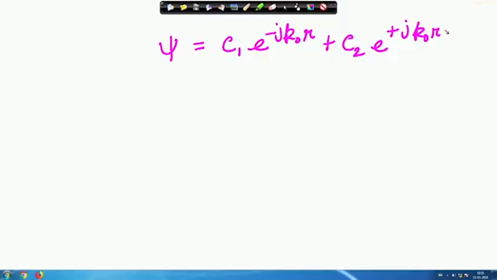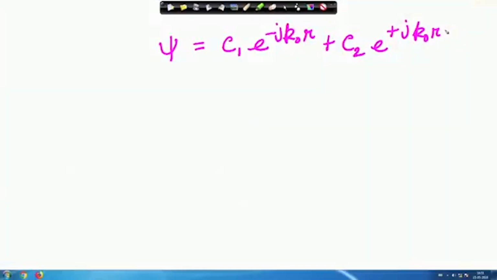C1 and C2 are unknown, values to be determined. This is mathematics, but physics says that out of these one solution is not acceptable. Why? Because it is a radiation taking place. Radiation means transport of energy. So, at an infinite distance from the source, the value of the field should go to 0.